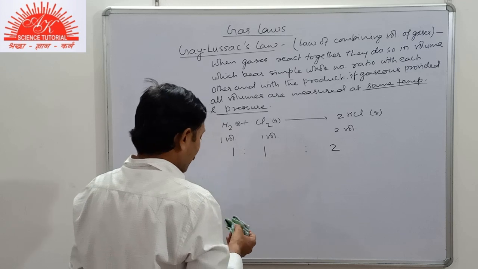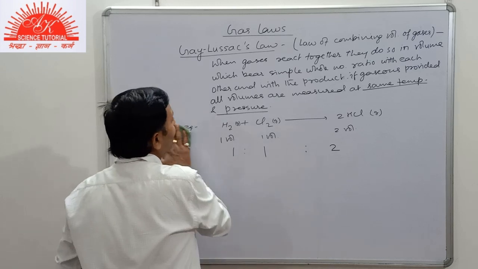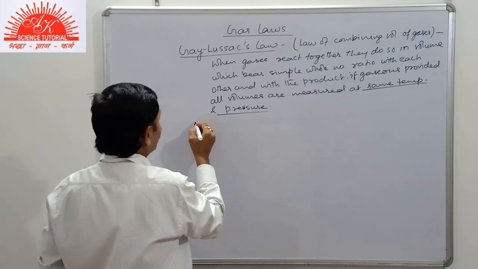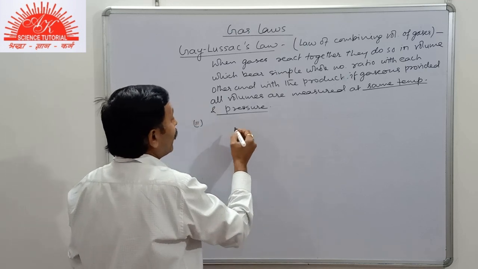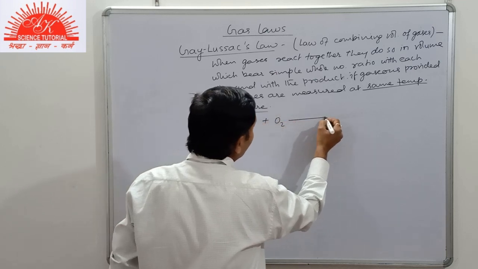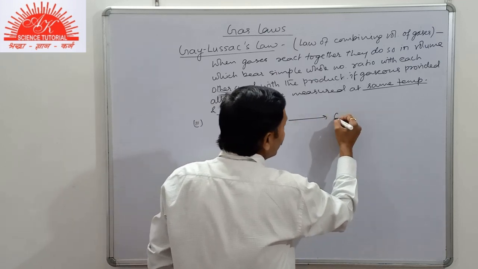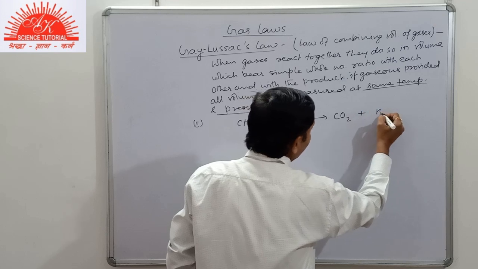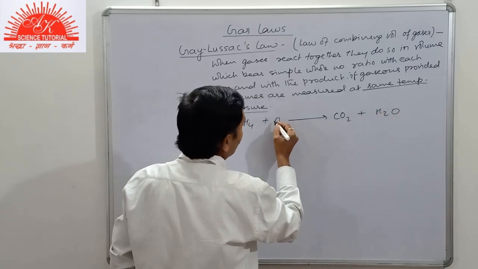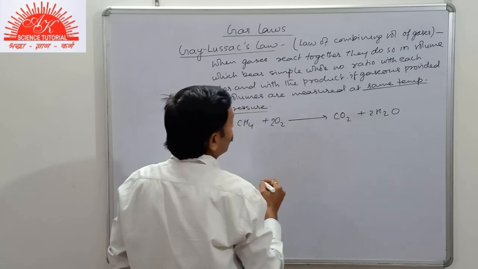Now take another example. Suppose we write that methane is burnt in oxygen. It gives us CO2 plus H2O. Now it is balanced: CH4 plus 2O2 gives CO2 plus 2H2O.